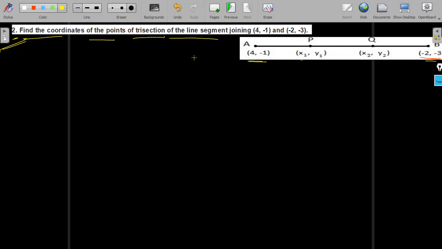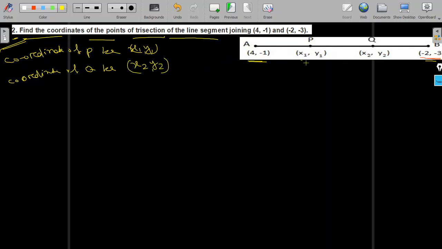Now we can say the coordinates of P are (x1, y1) and the coordinates of Q are (x2, y2).